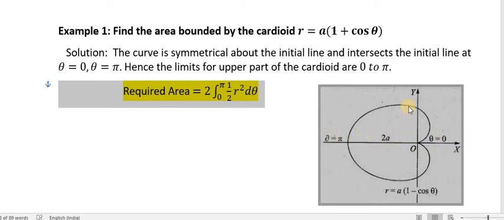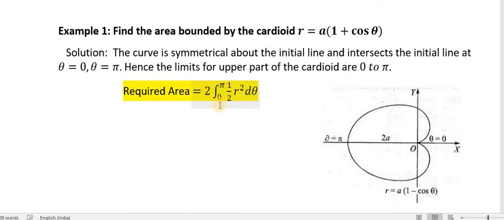The upper half of the cardioid is equal to the lower half of the cardioid about the x-axis. It is symmetrical. Therefore, the area above the x-axis, twice of that will be the whole area of the cardioid. Therefore, the required area is equal to 2 times integral 0 to pi half r square d theta.